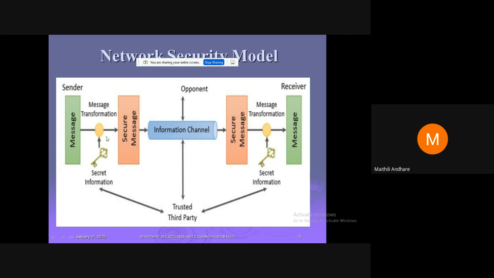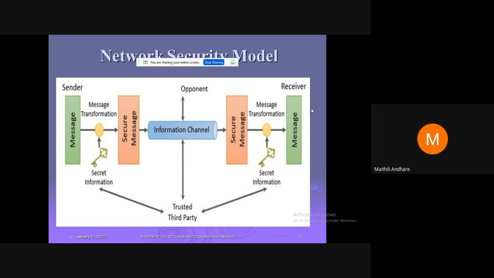Basically, all of you know, from day one I am telling you that one sender and one receiver will be there. The sender is sending the data to the receiver through different channels. This is the information channel. Now, what is in between this? As we have seen, this is the network security model, a generalized model where there is a concern of security.